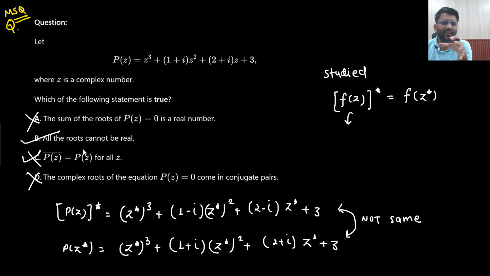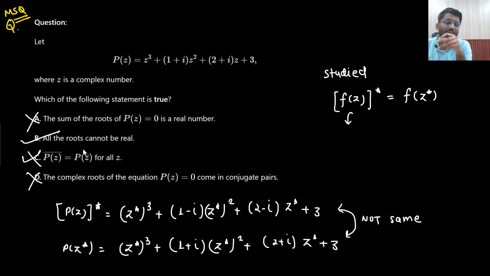Did you understand that the sum of roots we need to do? The sum of roots is -1 minus iota. You can see that the sum of roots is not a real number. This conjugate thing also you have understood. The last option was that they would appear in conjugate pairs. We have already studied that yes, they would appear in conjugate pairs, but only if the coefficients are real. Now the coefficients are not real.